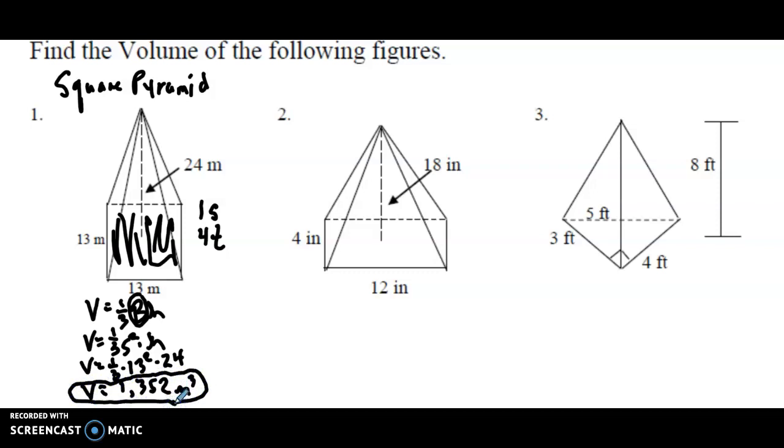Let's take a look at number 2. Again, I start off by counting what I have. So I have one rectangle there on the bottom. And I have some triangles, 1, 2, 3, 4 triangles. The shape with 1 is your base shape, so this will be rectangular.